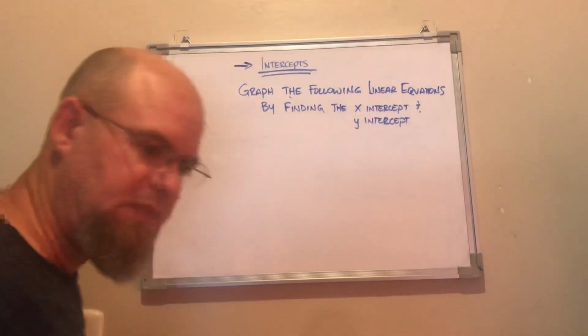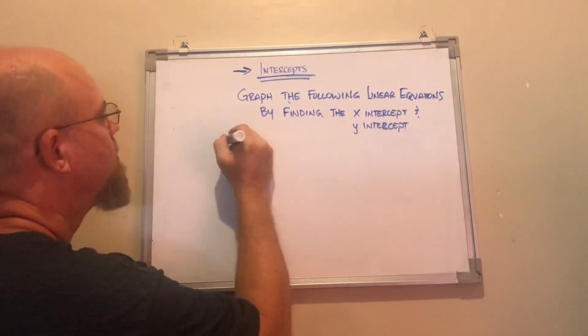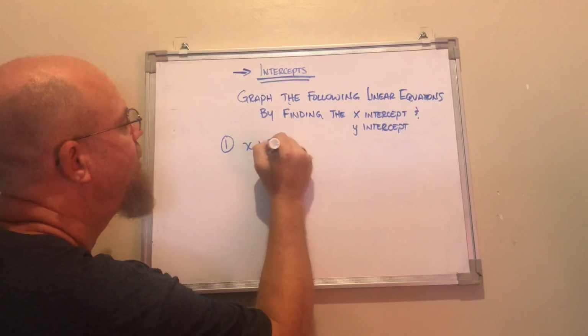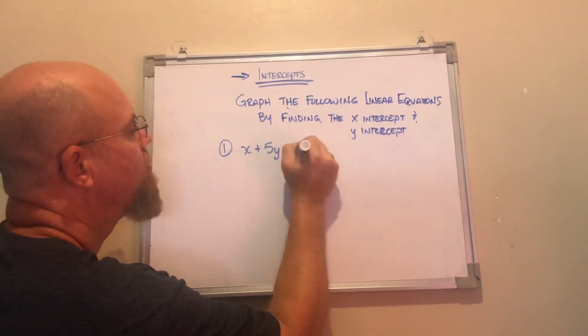Okay? So, number 1, x plus 5y equals 20.